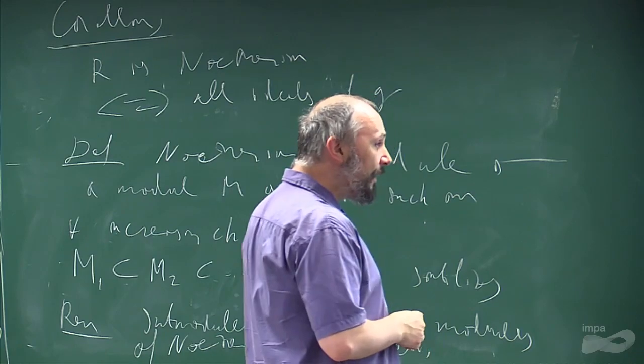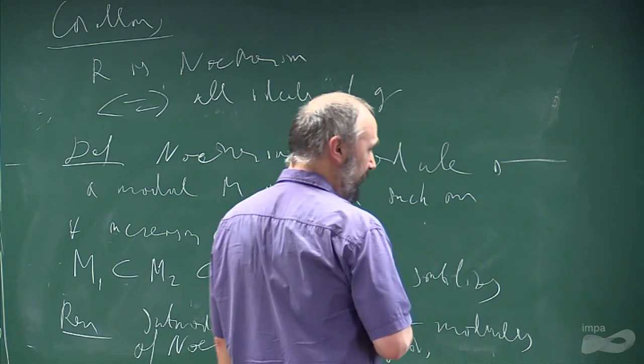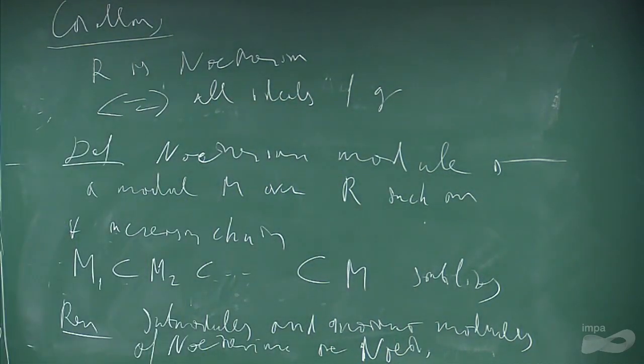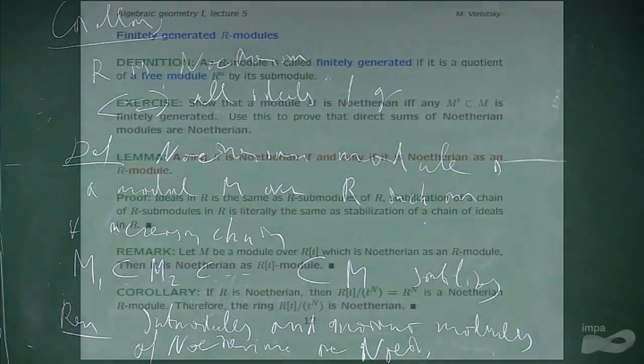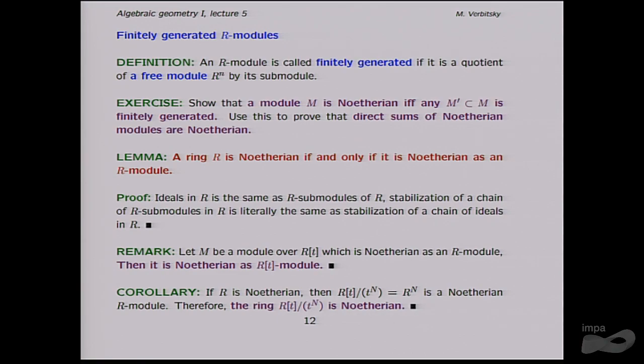Anyway, a ring is Noetherian if and only if it is Noetherian as an R module. It's essentially a tautology. There's nothing to prove, because ideals are the same as submodules, so a chain of ideals is the same as a chain of submodules.